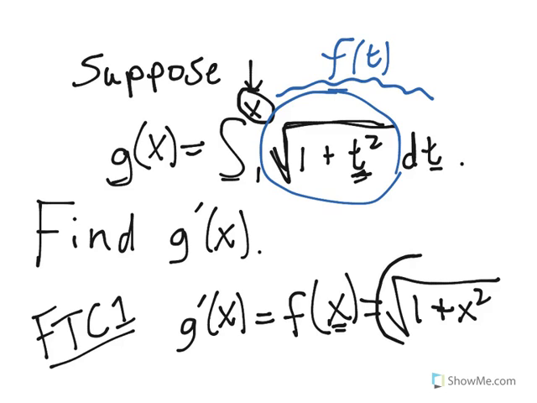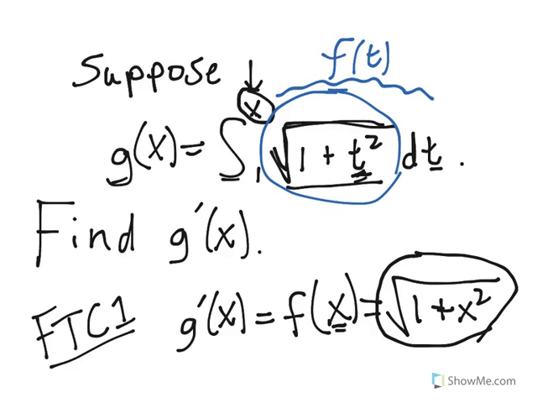So g prime of x looks like this right here, and that's about all the work needed. You just recognize that your inside function f of t is the square root of 1 plus t squared, and all you need to do is replace the t with an x, because the x is what you have on your bound.